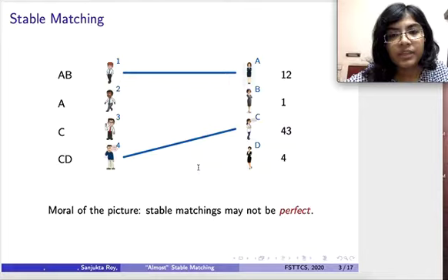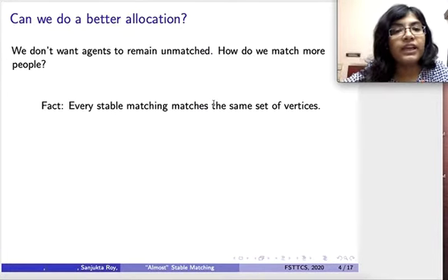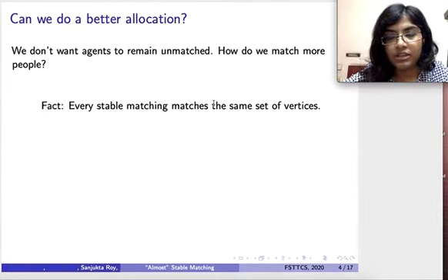But then we are wasting a lot of resources here, right? If this is like assigning doctors to hospitals, then many hospitals and doctors both remain unassigned. So can we do a better allocation? Can we match more agents? But the fact is that if we want to find a stable matching, any stable matching matches the same set of vertices.